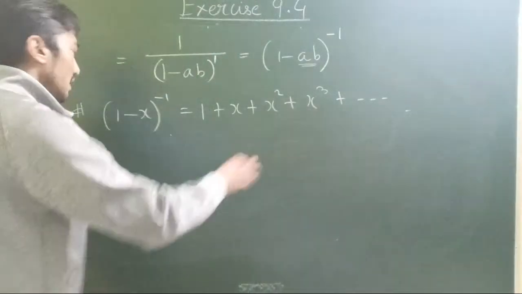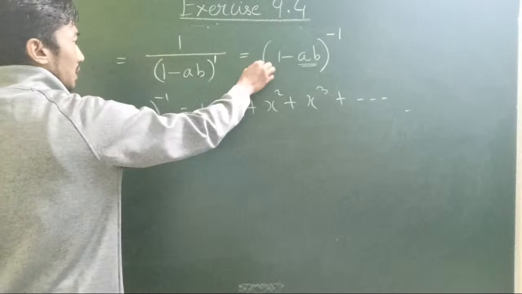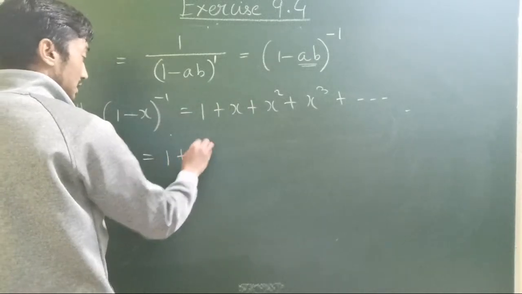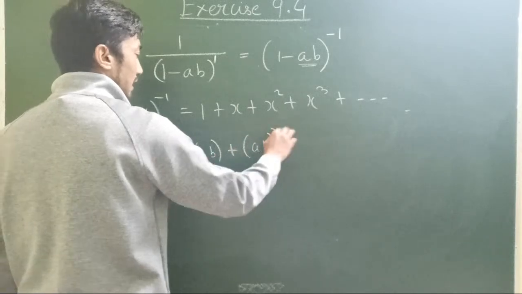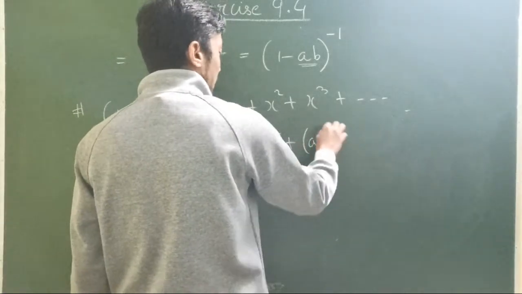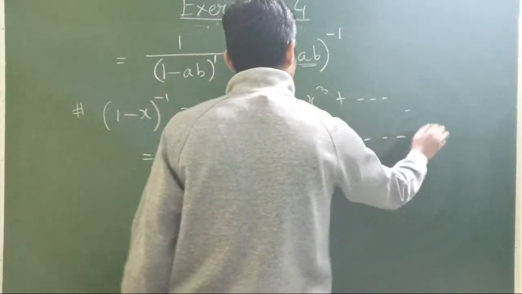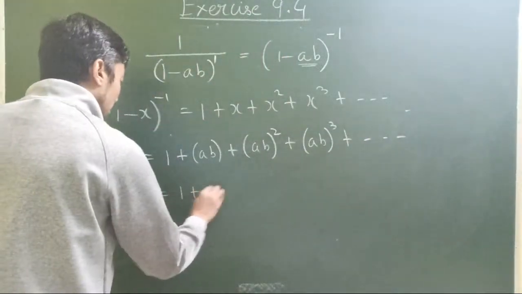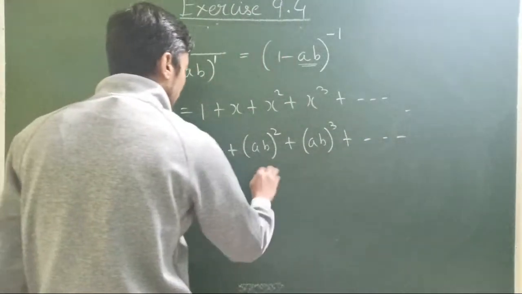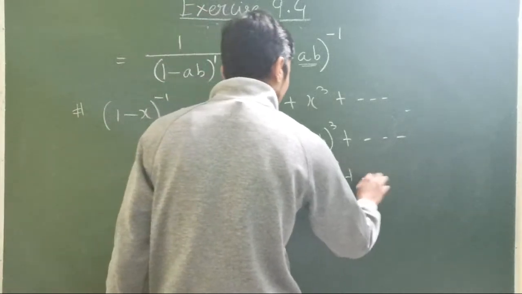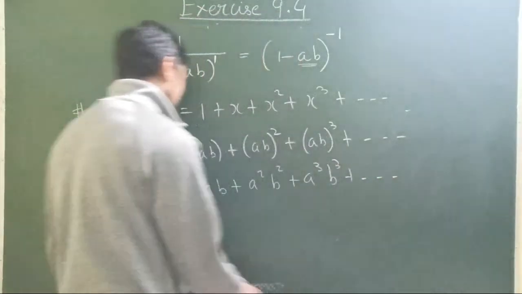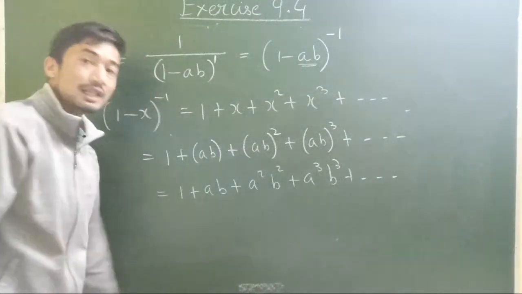So this we can expand to be 1 plus x square plus x cube plus dot dot dot up to infinity. So that's like 1 plus ab plus a square b square plus a cube b cube plus a power 4 b power 4, and that is the proof that has been demanded in the question.